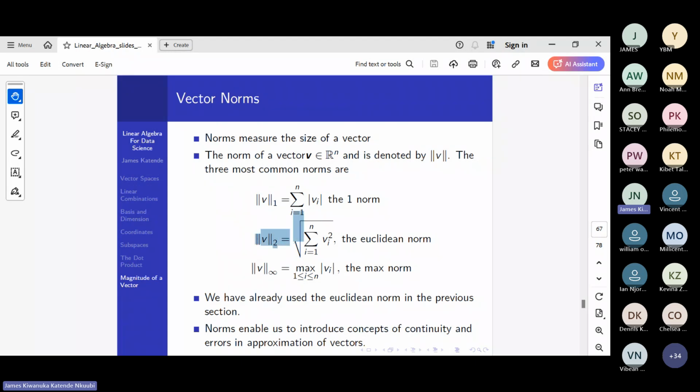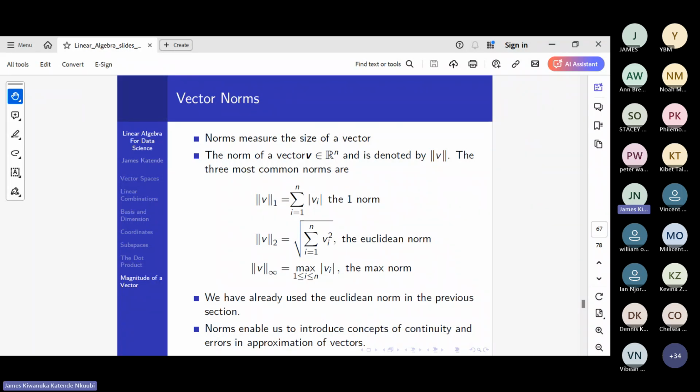The one that we shall work with most is this one. The other one that will be useful is this one, the one norm, which is helpful when you're working with regularization. For instance, if you're working with regularization for linear regression, you will need the one norm. Sometimes the one norm outdoes the Euclidean norm in performance.